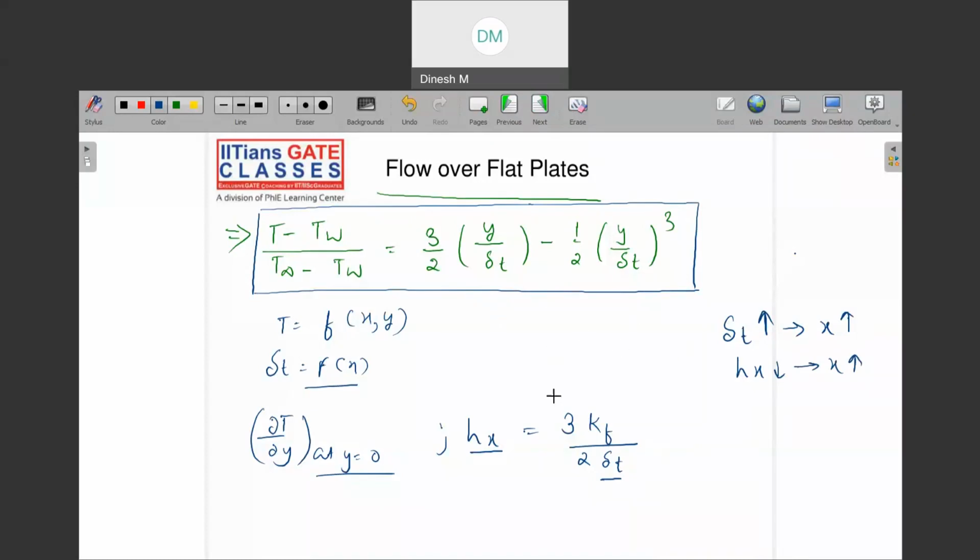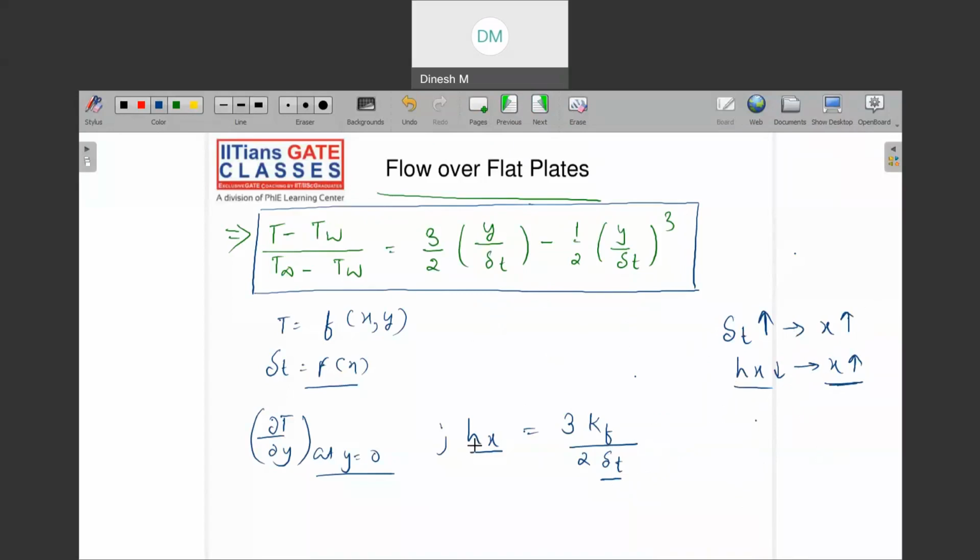Okay, so can you see that your hx is a function of x? And why? Because delta t was a function of x.